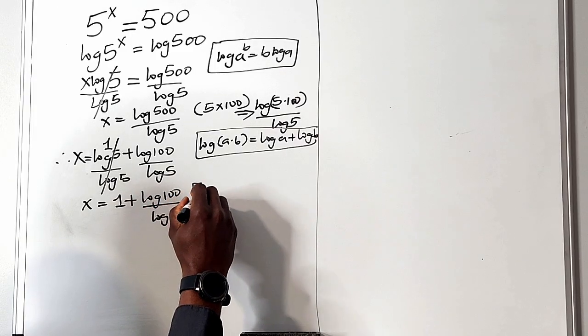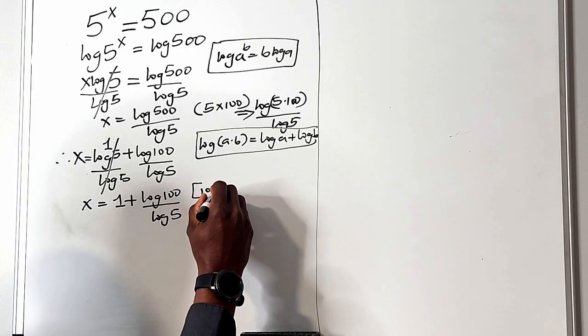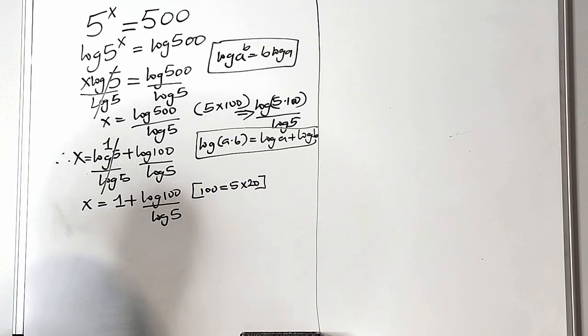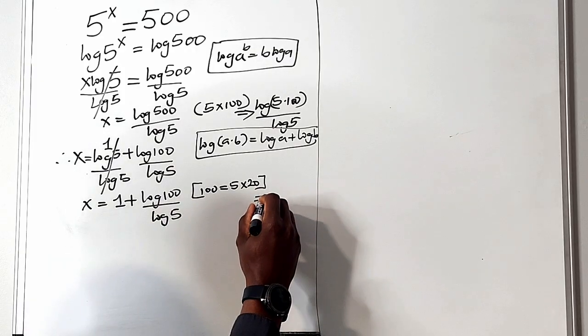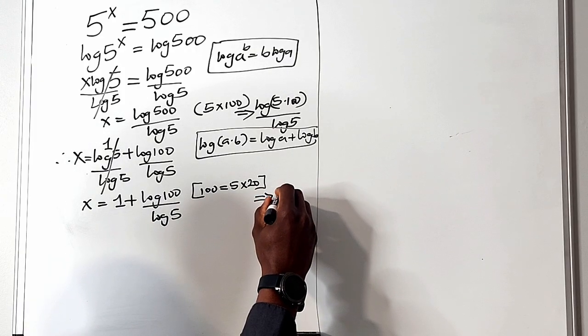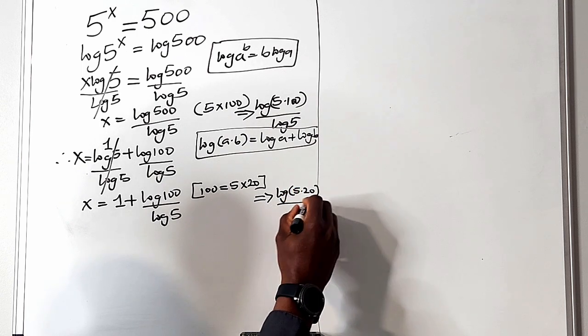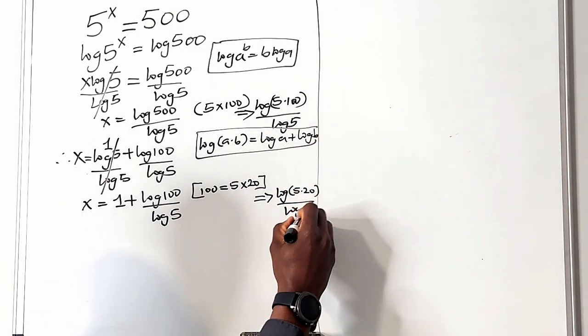And we know that 100 is the same thing as 5 times 20. So this becomes log 5 times 20 divided by log 5, right?